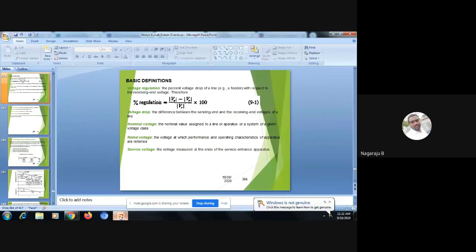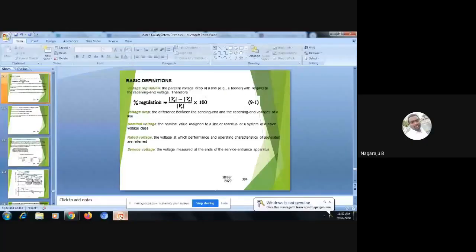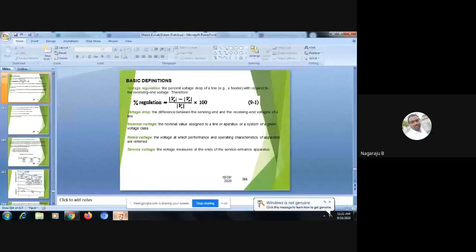Nominal voltage is nothing but the nominal voltage assigned to a line, apparatus or system of a given voltage class. Okay, and next one is rated voltage. Rated voltage is the voltage to which the performance and operating characteristics of an apparatus are referred.